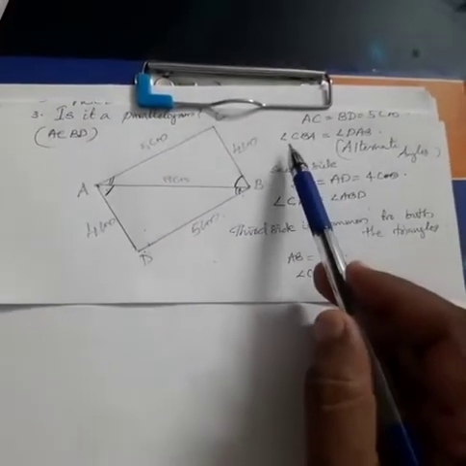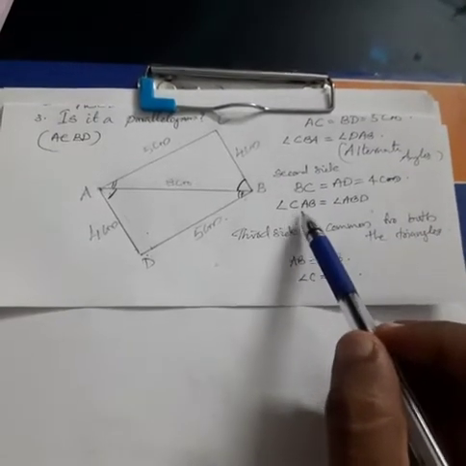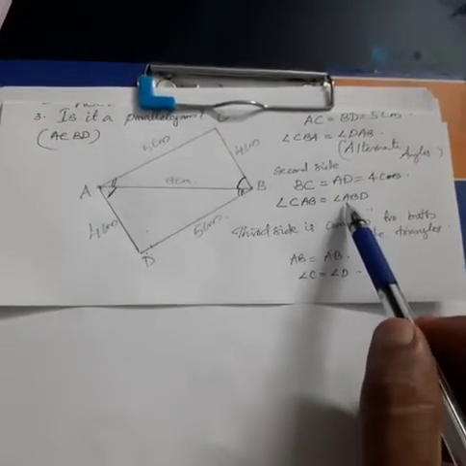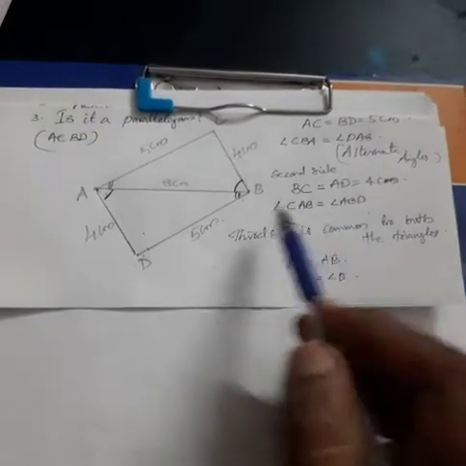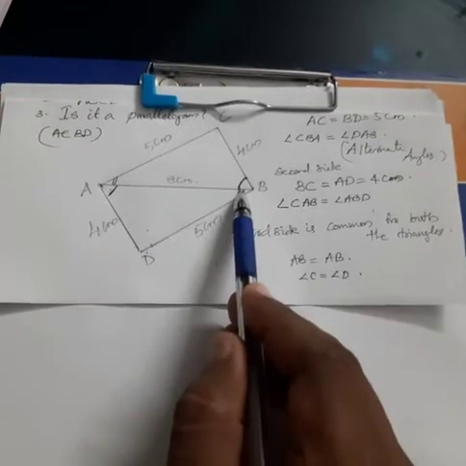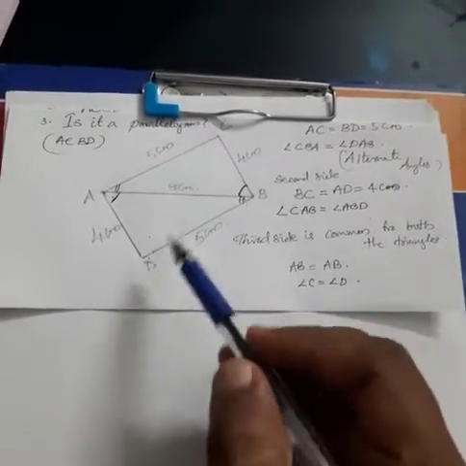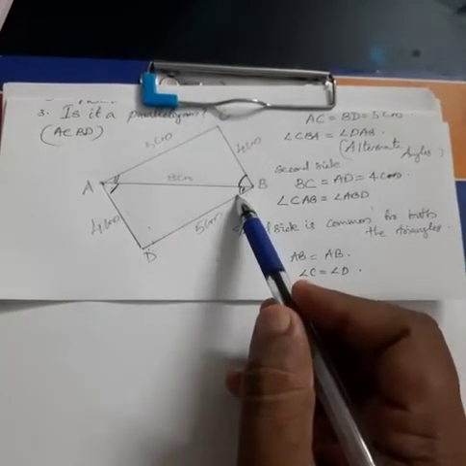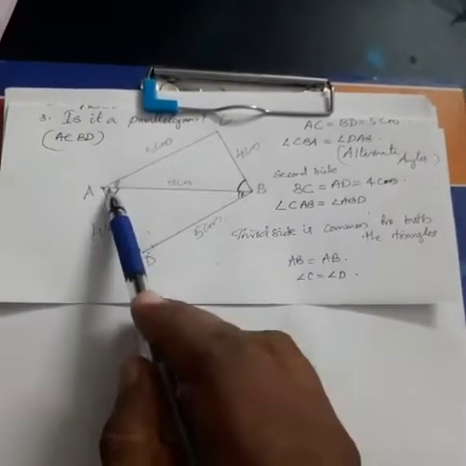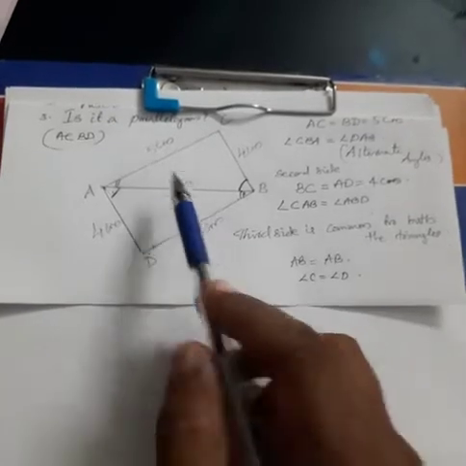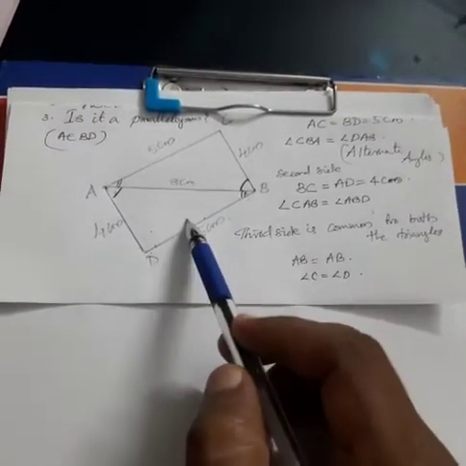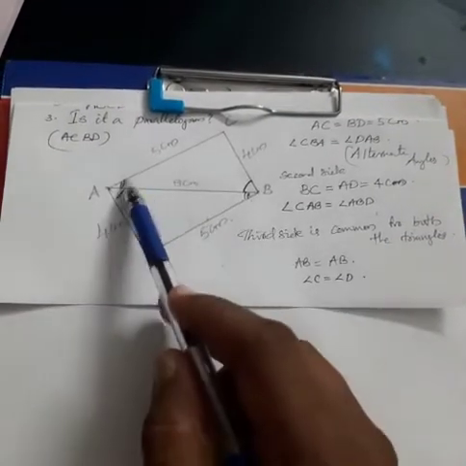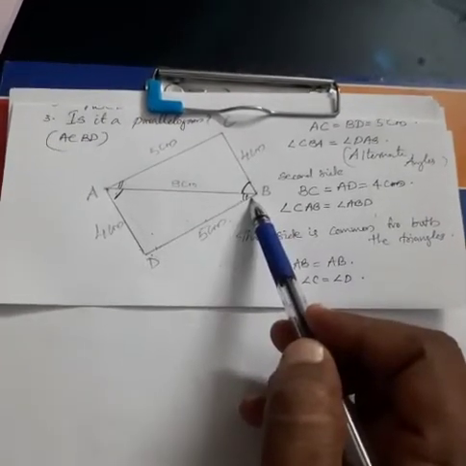Angle CAB and ABD are alternate angles made by the line AB meeting the lines AC and BD. AB is cutting these two lines, on opposite sides you can see there. Since their angles are equal, the lines AC and BD are parallel.